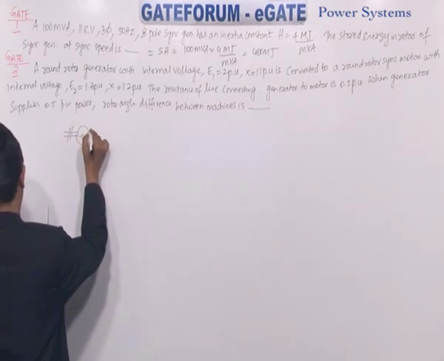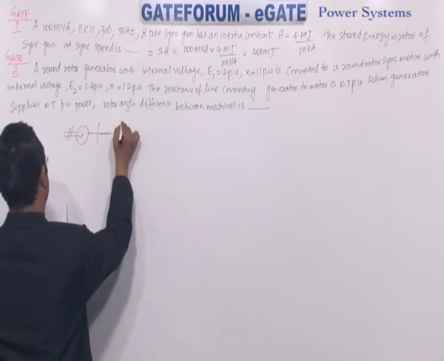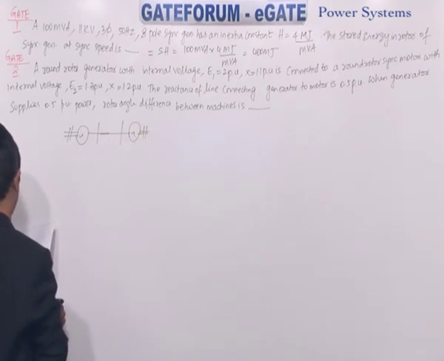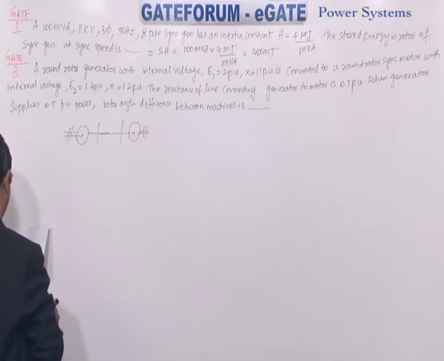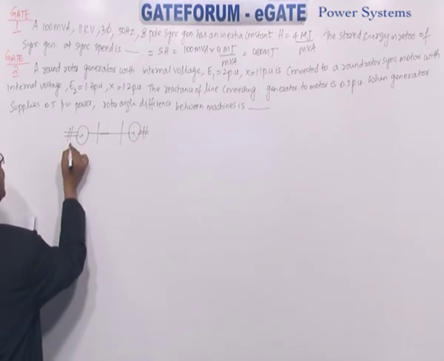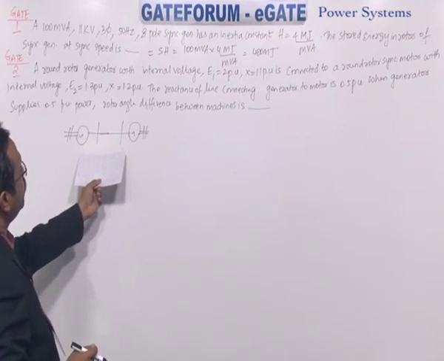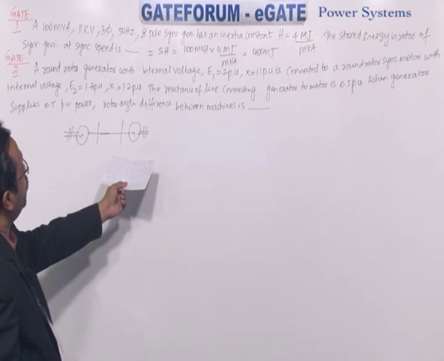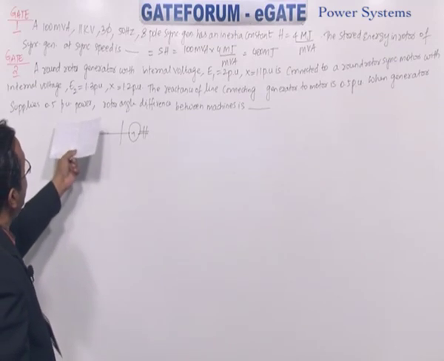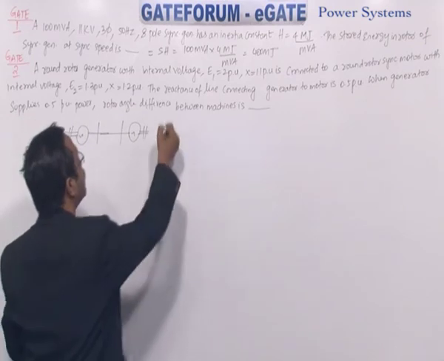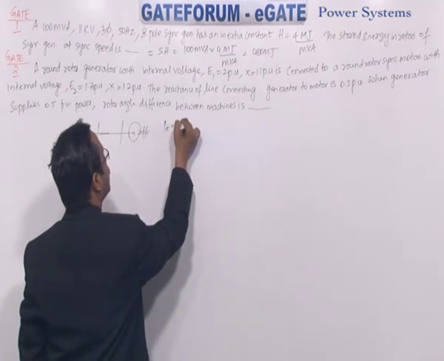So represent the alternators as given in the question. The reactances are given here: 1.1, line 0.5, second one 1.2. E1 is 2 per unit, E2 is 1.3 per unit. So what is PE now?